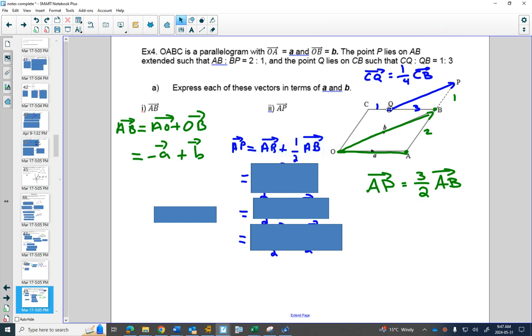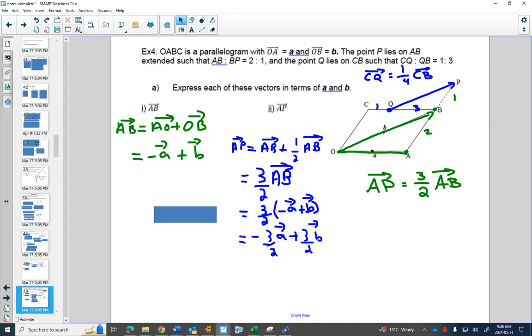Or you could think of it this way, instead of having the 3/2, you could say I'm going to go A to B, and then I'm going to go another half of A to B, which makes 3/2 A to B anyways. And A to B I already figured out was negative A plus B. And I can distribute that 3/2 and get negative 3/2 A plus 3/2 B.